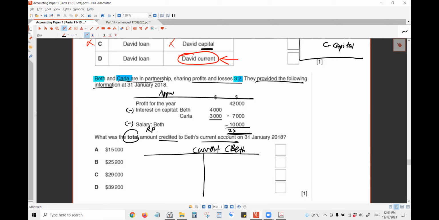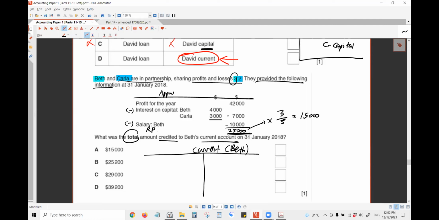25,000. Then you get the BEV's portion, which is 3 out of 5. You times 3 out of 5. 15,000.